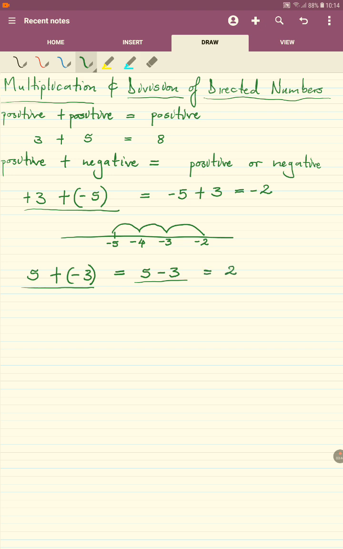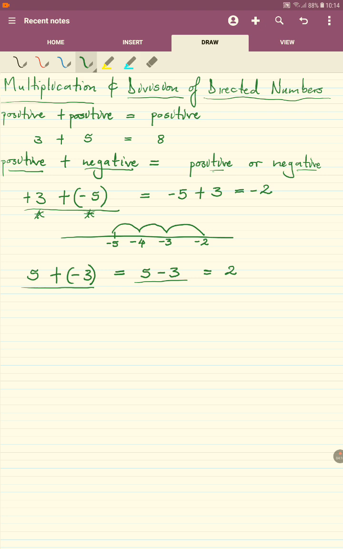So like I explained here, positive plus negative can give you a positive or a negative answer. If you look here, you're going to see 3 is smaller than 5, and 3 is positive and 5 is negative. So always when you're adding two numbers, your answer takes the sign of the bigger digit.